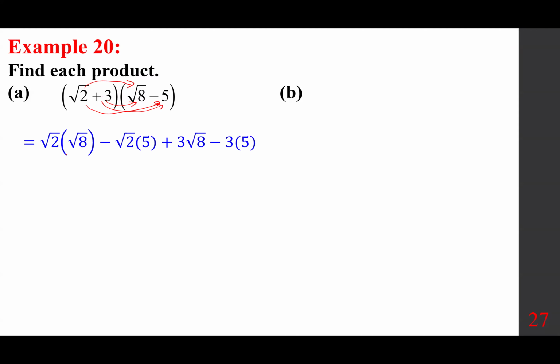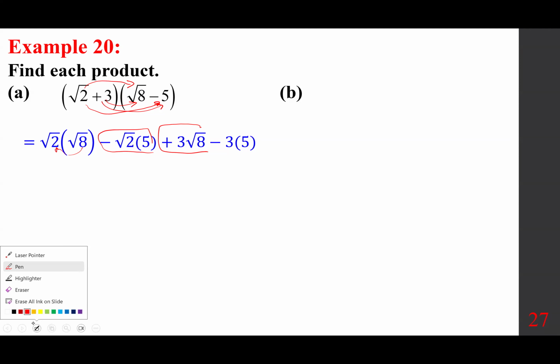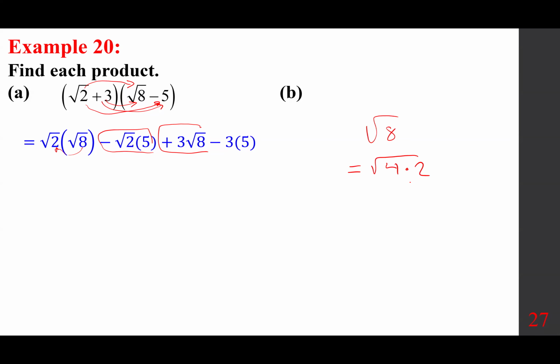So when you multiply these two, you get square root of 16. This is minus 5 square root of 2. This is plus 3 square root of 8. Now, square root of 8, everybody, square root of 8 equals 4 times 2, 2 square root of 2.